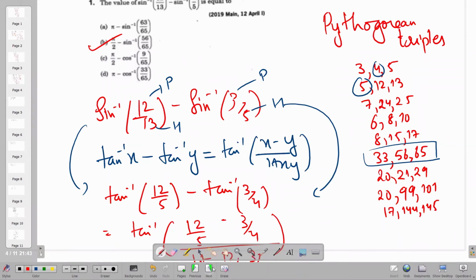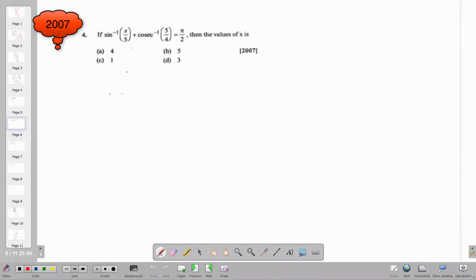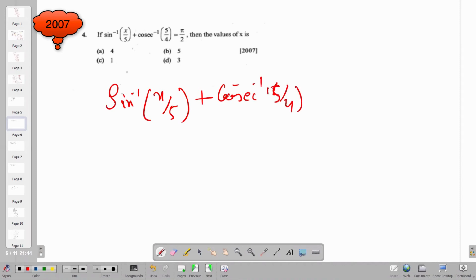Now my next question is: sine inverse of x by 5 plus cosec inverse of 5 by 4 is equal to pi by 2.